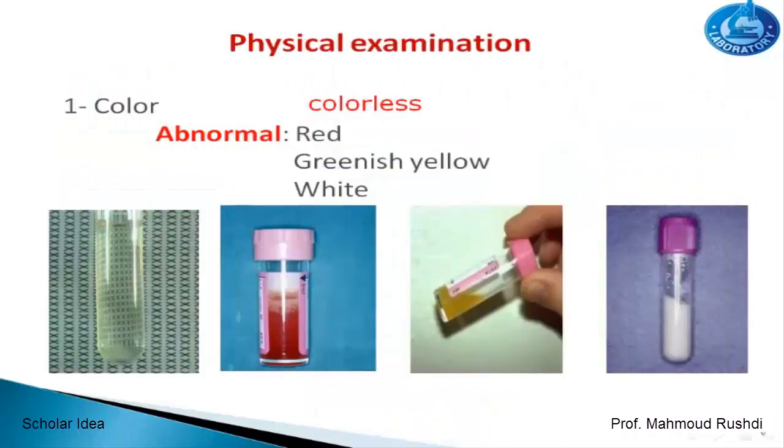Physical examination. Number 1. Color. Normally, synovial fluid is colorless. Abnormal colors include red color in case of hemorrhage, greenish yellow color in case of septic arthritis, and white or milky color in case of crystals, as in cases of gout.